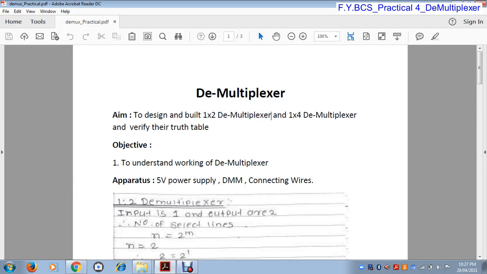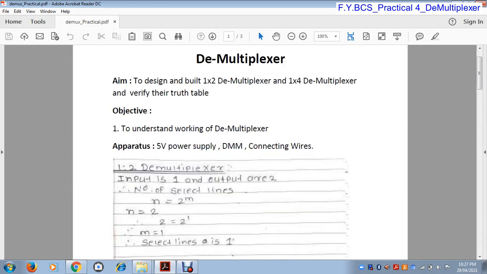The aim of this experiment is to design and build 1 is to 2 and 1 is to 4 demultiplexers and verify their truth tables. The objective is to understand the working principle of a demultiplexer.